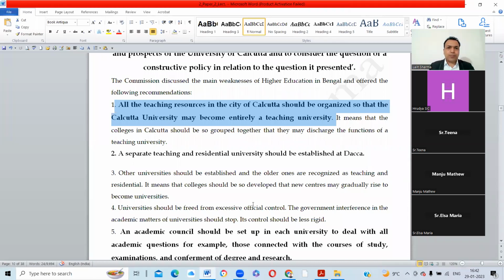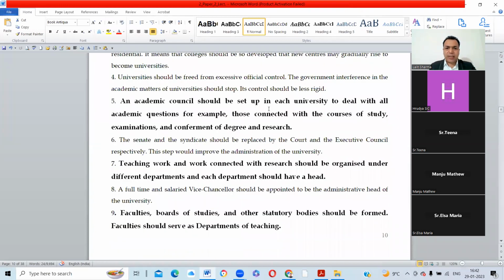So you can see that now this system has been organized, but we are talking 100 years back. The Sadler Commission talks about the problems of the universities. So your main points I have highlighted.